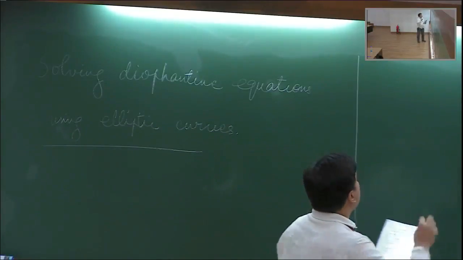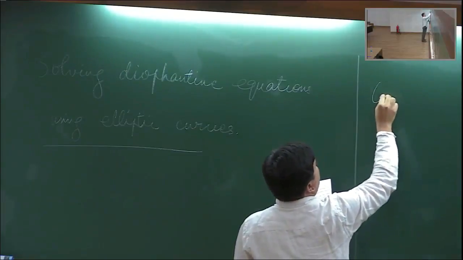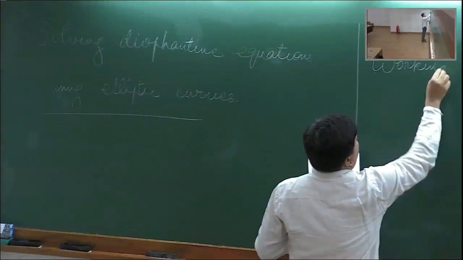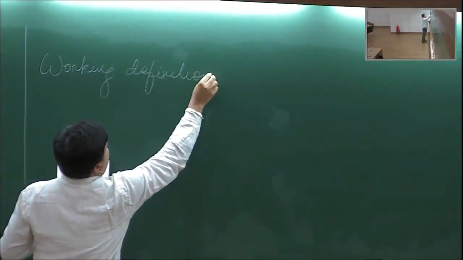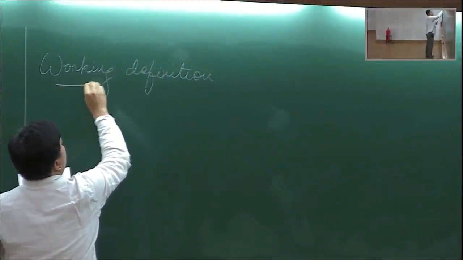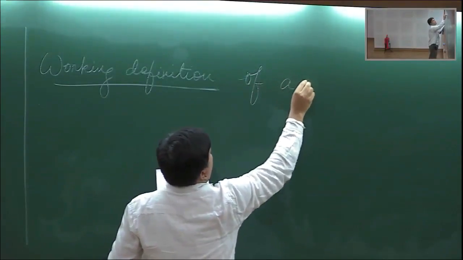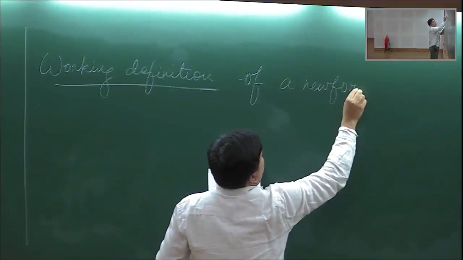This is only a working definition. So a newform is a modular form.